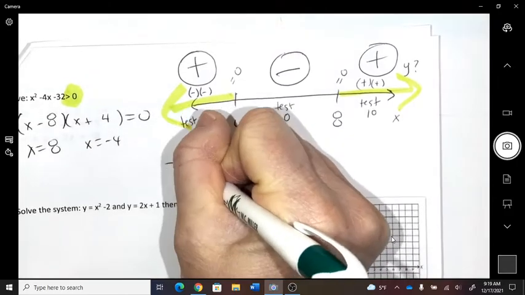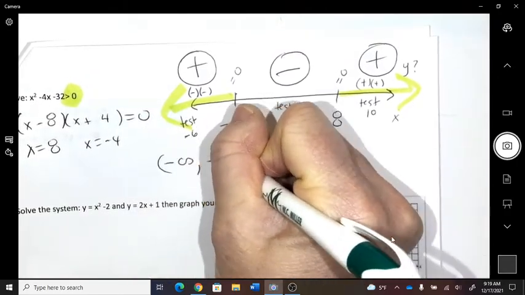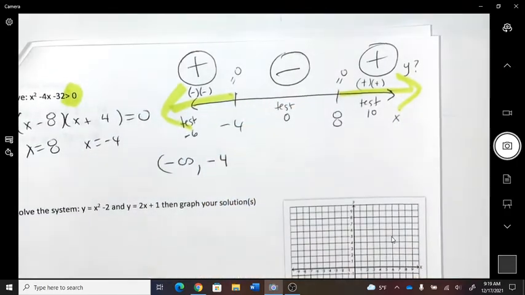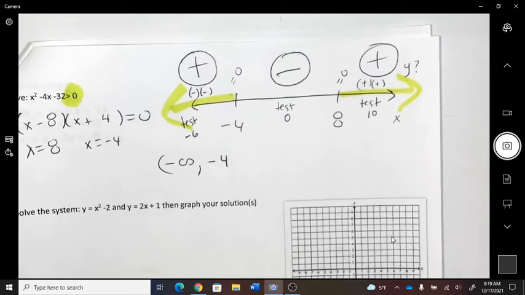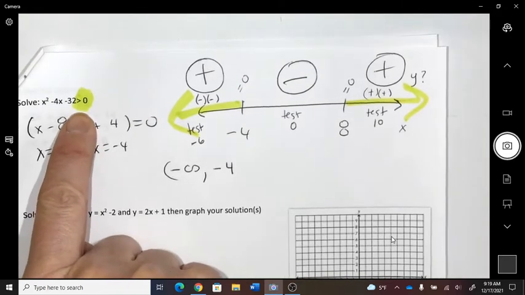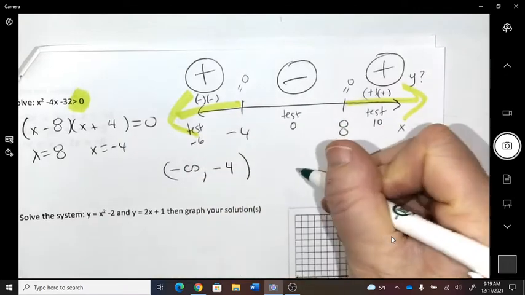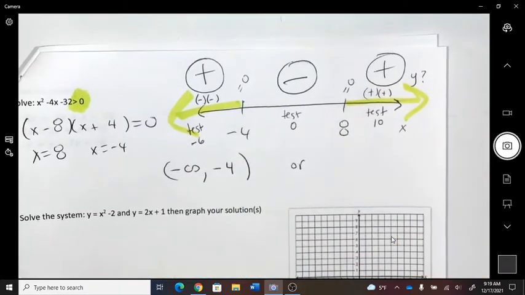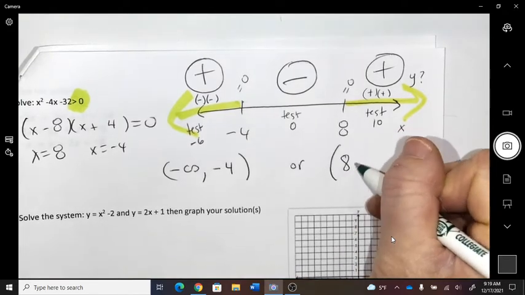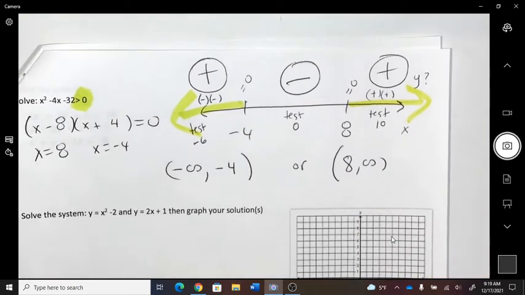So from -infinity to -4. And then you have your options of round or square. So I don't want to include it because I can't include 0. So round bracket. And then this is 8 to infinity.